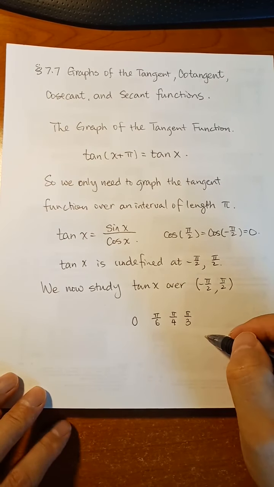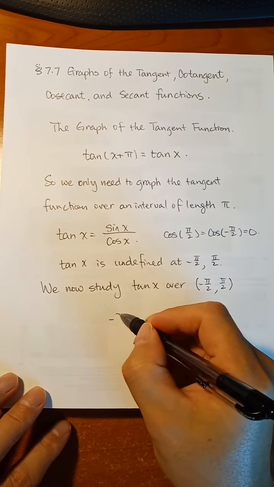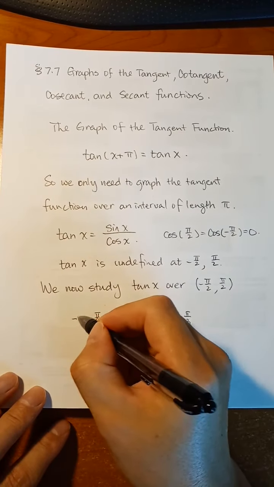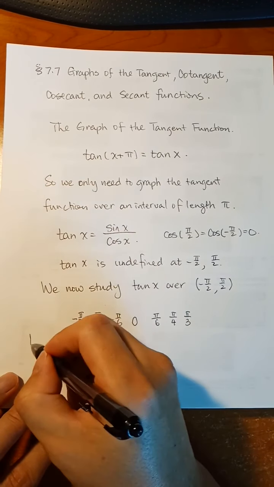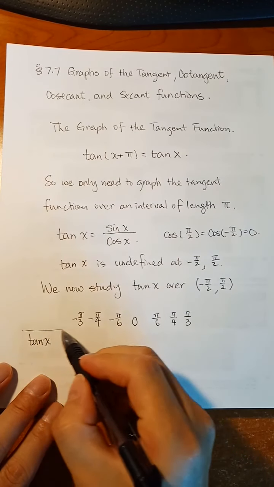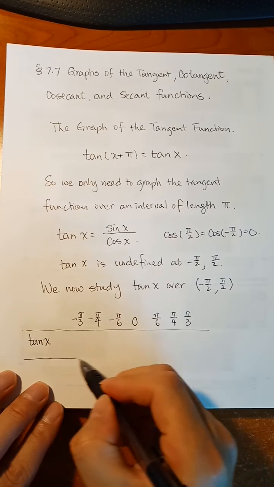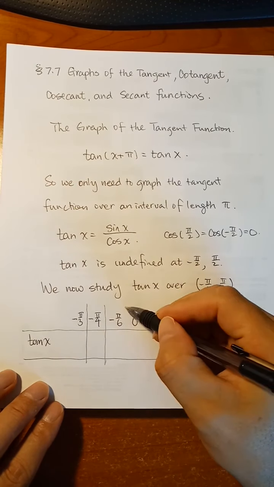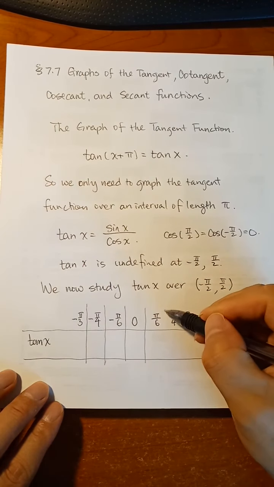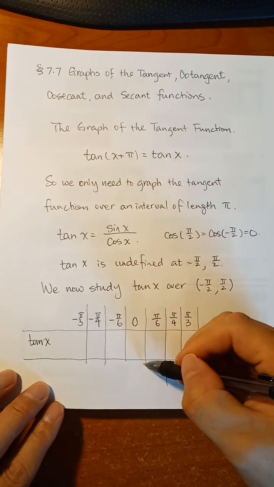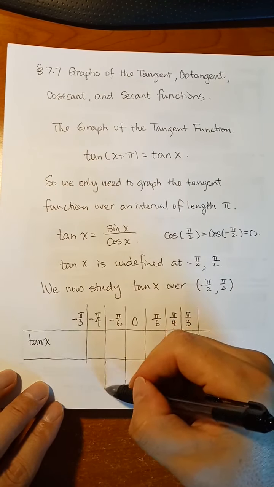Pi over 2 is not in the domain. And then negative pi over 6, negative pi over 4, negative pi over 3. So they are the angles. And then we put the x value and the y value, and the corresponding point on the graph.